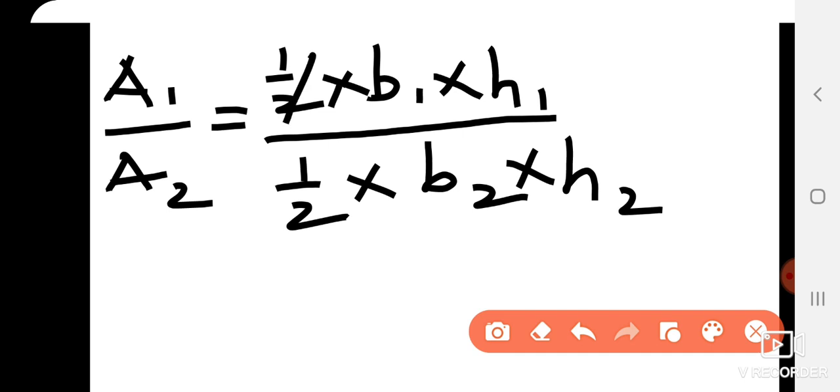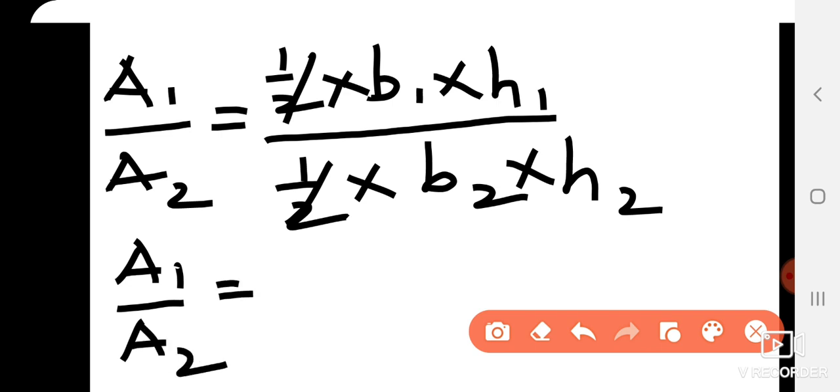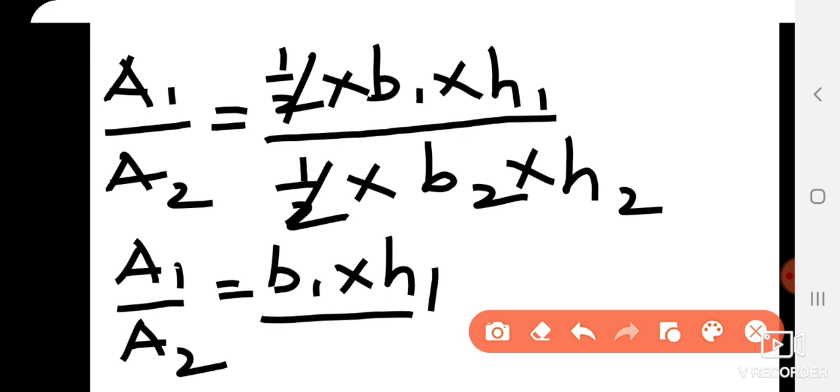Now this half and this half will cancel. So we have the ratio of the two triangles: A1 upon A2 is equal to B1 into H1 upon B2 into H2. You need to learn these ratio values by heart, which will be helpful for us to solve the sums.